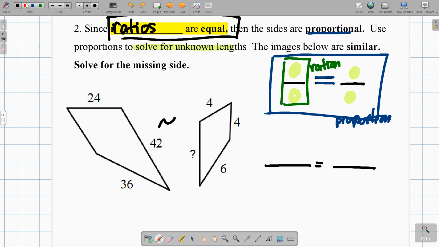Now, you need to carefully first color code the sides. Be very careful with this. Notice here, 24 is one of the shorter sides.